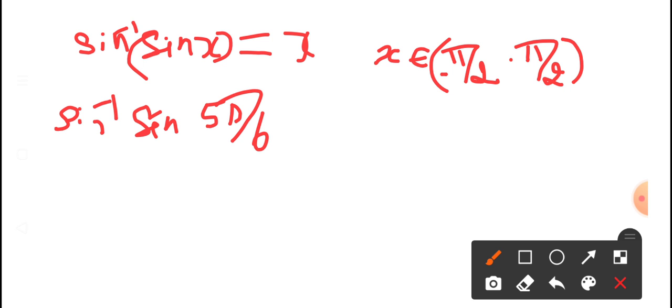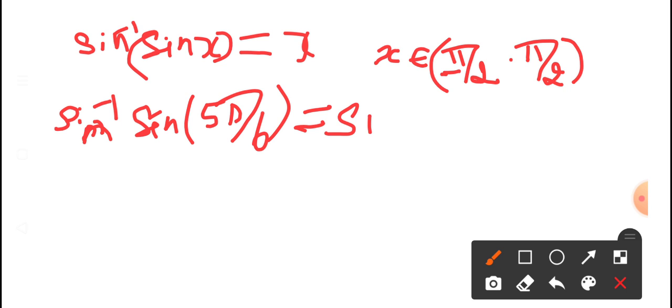Like the above formula, sin inverse of sin x is equal to x. Here x is equal to 5 pi by 6. 5 pi by 6 means how much degree? Pi by 6 means 30 degree, then 5 pi by 6 is 150 degree. But we need minus pi by 2 to plus pi by 2. So we change the 5 pi by 6.